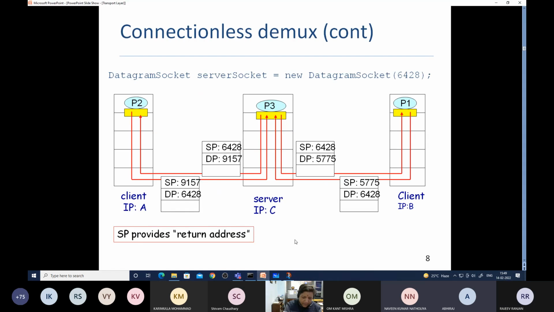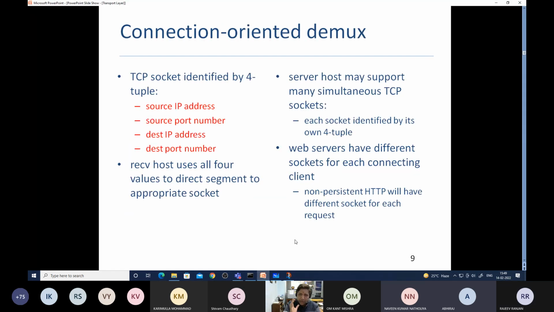Now let us move further. Connection oriented demultiplexing. Please be very careful when we have connection oriented demultiplexing, or TCP, because you want to give a reliable connection.